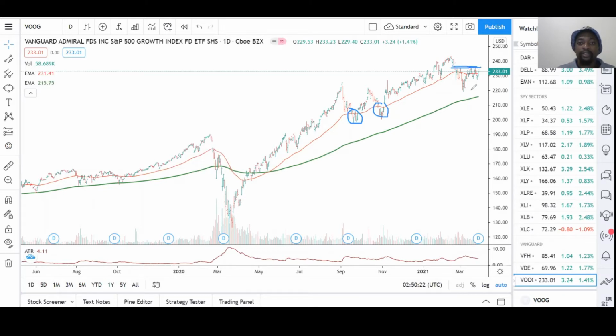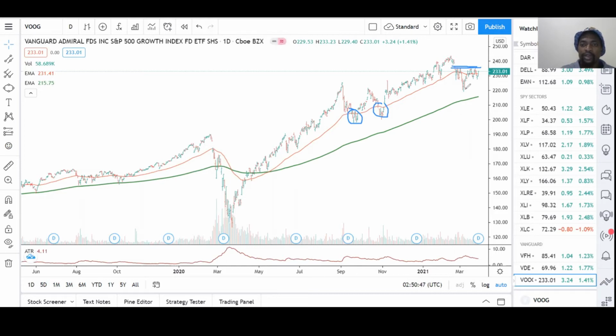But as we said, this ETF is heavily invested in tech. If you've been following tech for quite some time, you will know that tech has been taking a beating. So this may explain why it has been showing some signs of weakness. But overall, the 200-day moving average is still pointing upwards, which is a characteristic of a strong uptrend.